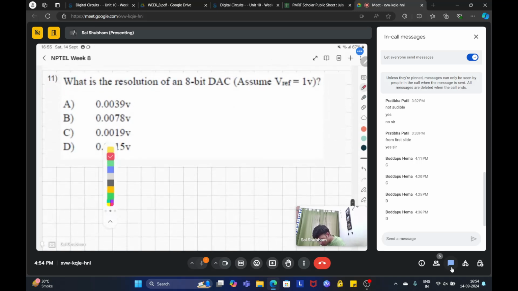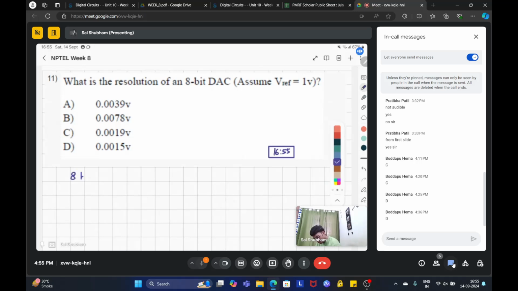So the next question is, what is the resolution of an 8-bit DAC assuming voltage reference is 1 volt? So in this case, let's discuss the solution.